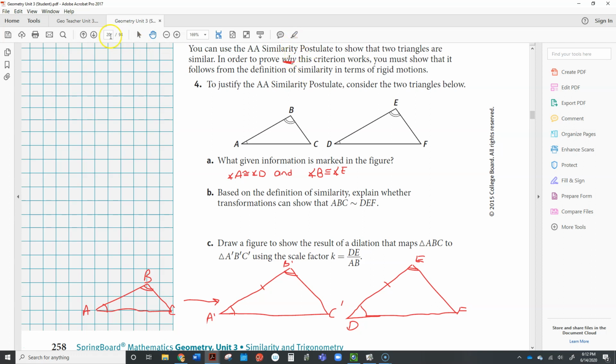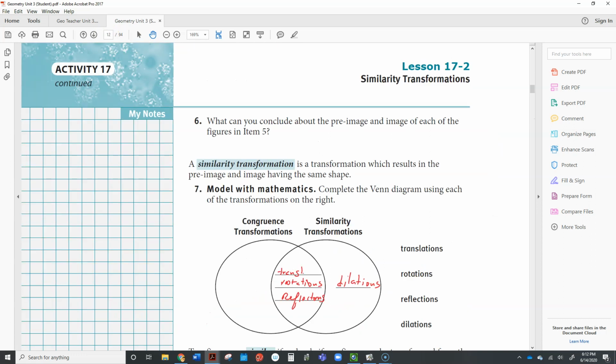And I will argue real quickly that it will, because if you remember back on page 12, when we did this Venn diagram, we showed that all of the transformations that we did are good for working with similar triangles or similar figures.